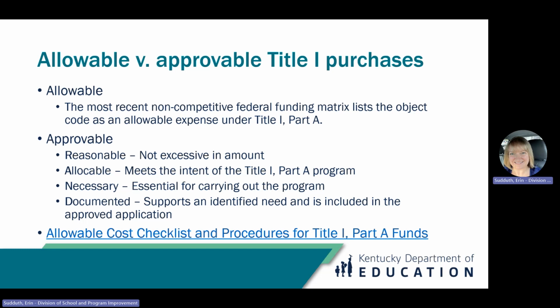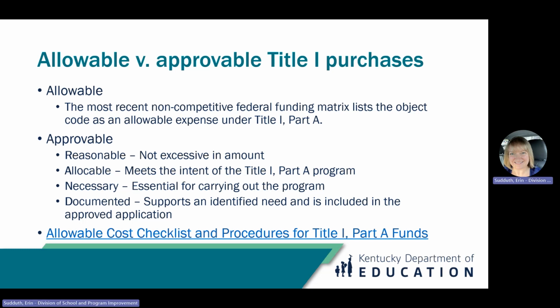When we think about something being necessary, we also need to consider staff knowledge and capacity to use something. A particular program may seem essential, but if no one knows how to use it and there are no plans to provide any sort of training for that program, then it's not necessary. The district must be able to demonstrate through documentation that a purchase is reasonable, necessary, and allocable.